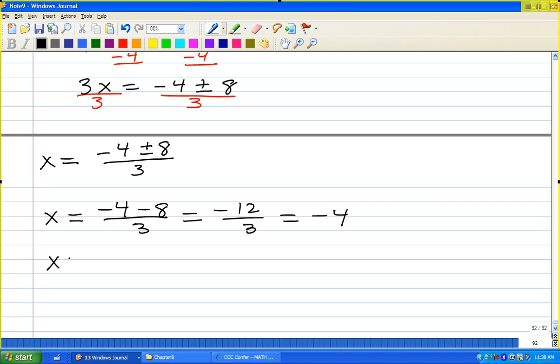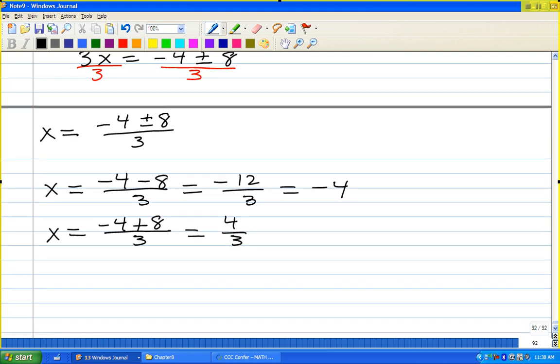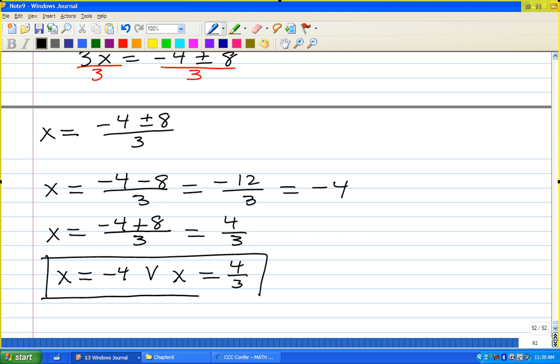Or x is equal to -4 plus 8 over 3, which is equal to 4 over 3. And so my solution is x is equal to -4 or x is equal to 4/3. And that is the solution to this equation. Any questions about that?